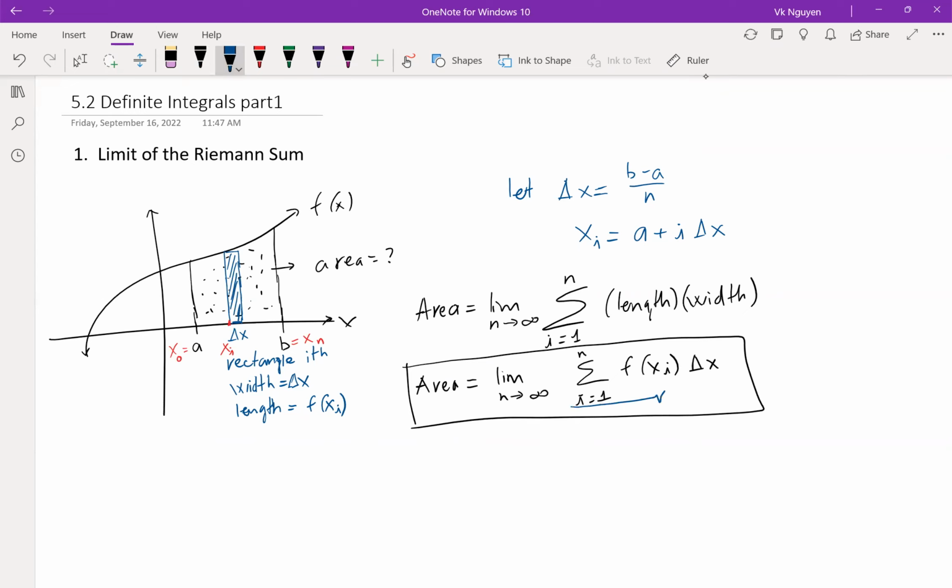So that's why the area of n rectangles is called the Riemann sum. And when you take the limit, it's the limit of the Riemann sum. Riemann is a German mathematician, very small, very popular.